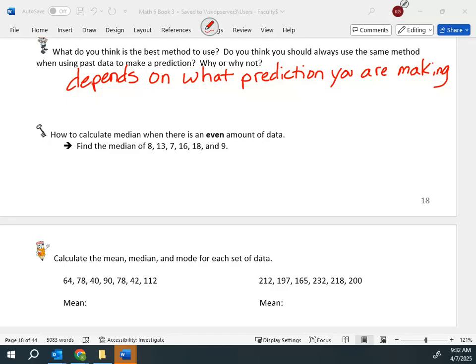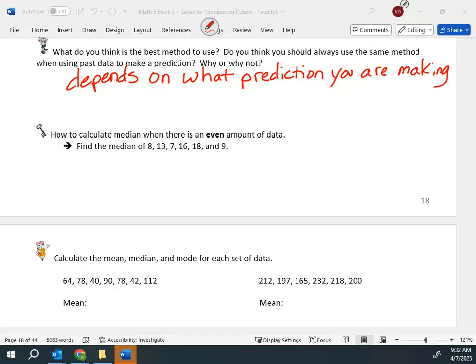All right, our next one is what Adeline already pointed out for us about if we have an even number of data. We have two numbers in our median. So it says find the median of 8, 13, 7, 16, 18, and 9. So Gemma, we're at the very bottom of the first page.